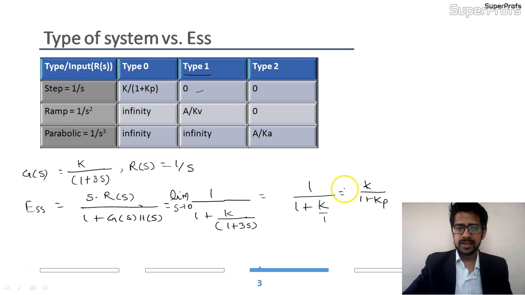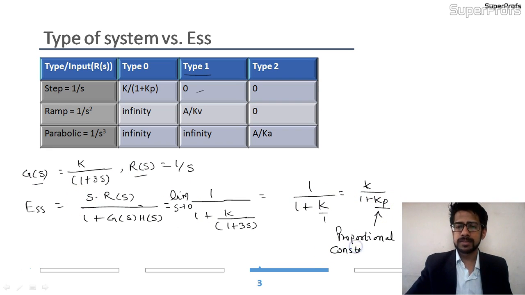Okay, so this kp is known as the proportional constant. Often in different problems, you are expected to calculate this constant kp. A problem might come where you are given r of s and g of s, and you are required to find out the proportional constant.